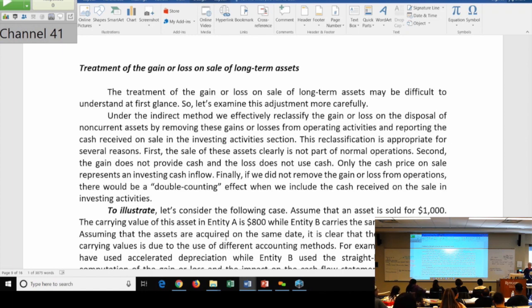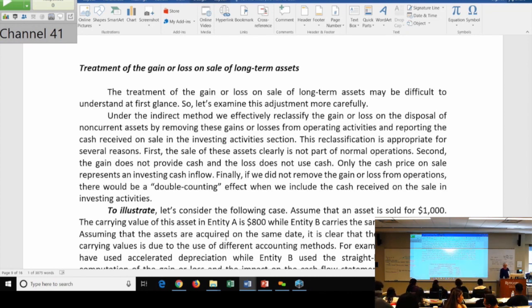Now, what some students might want to do is put $5,000 down here and keep the gain up here. Not the correct approach. Not that it's going to get you to the wrong cash flow, but it's not the correct approach. So we remove gains and losses out of operations and make sure that the cash flow is reflected in the investing activities.